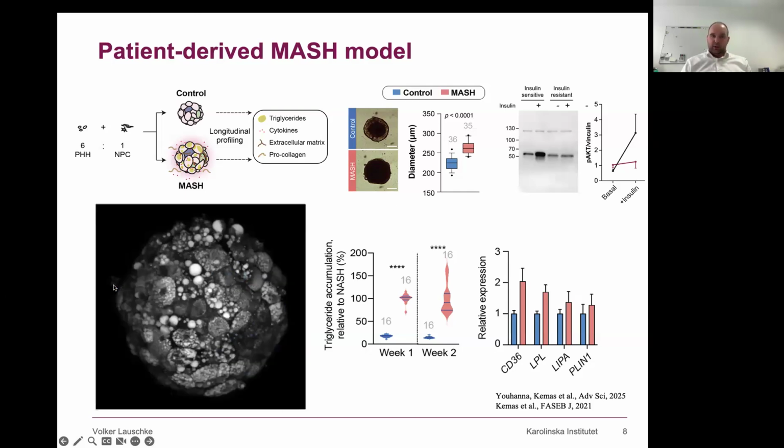And when one looks at a confocal image, one nicely sees steatosis. So overall, this is one spheroid. The diameter is around 250 microns. This would be one hepatocyte here, and one can nicely see it's essentially jam-packed with small lipid droplets.